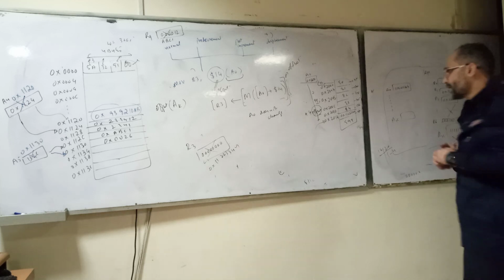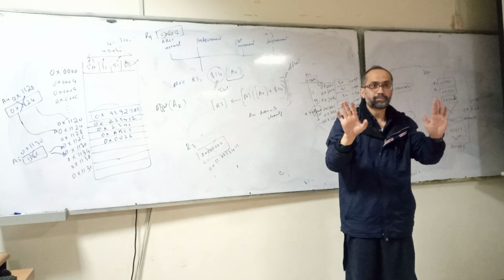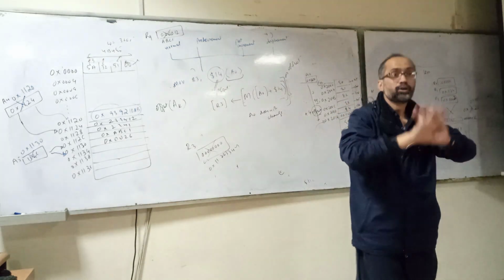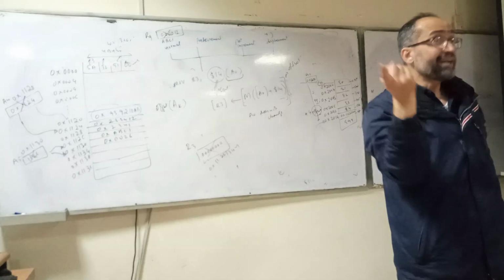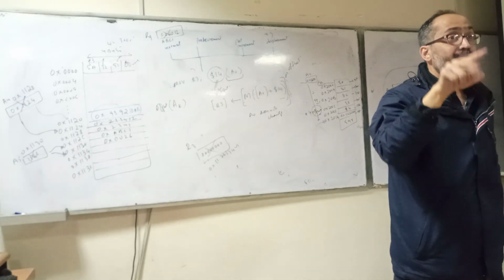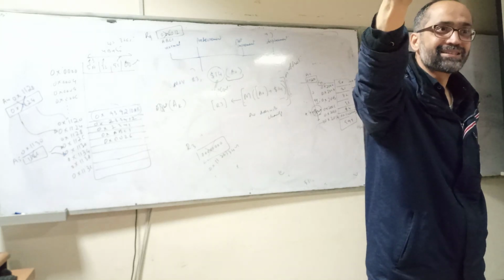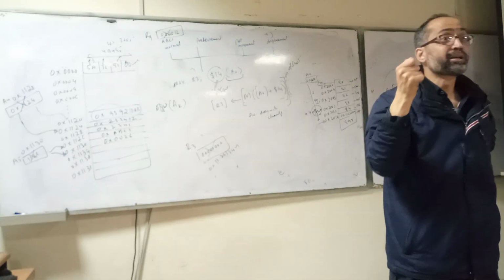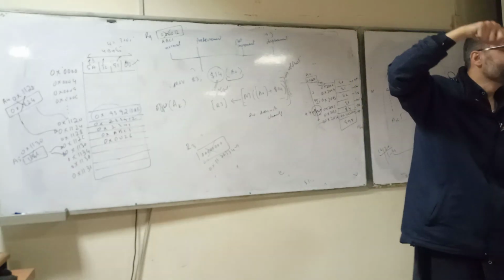In simple register indirect, the address register is not changed, and it gives the effective address. With register indirect with pre-decrement, first the address register is changed, then the memory location is accessed. In register indirect with post-increment, first the memory location is accessed, then the address register is changed.